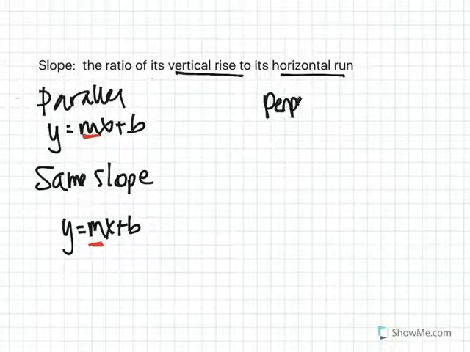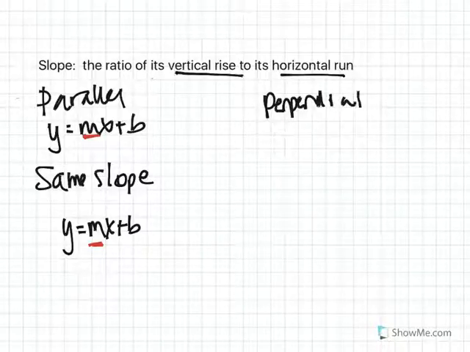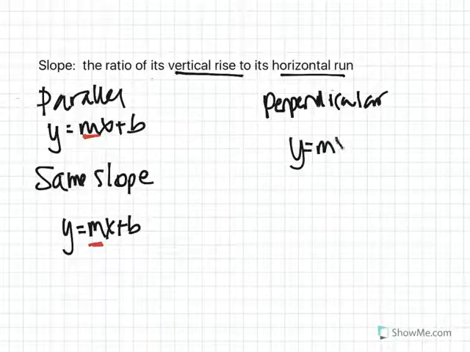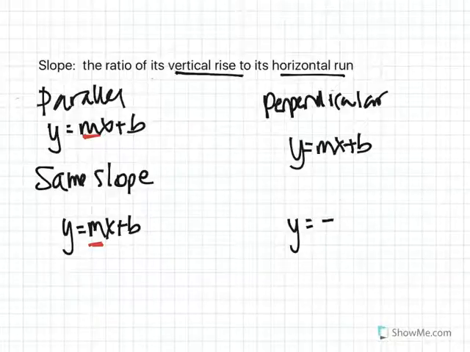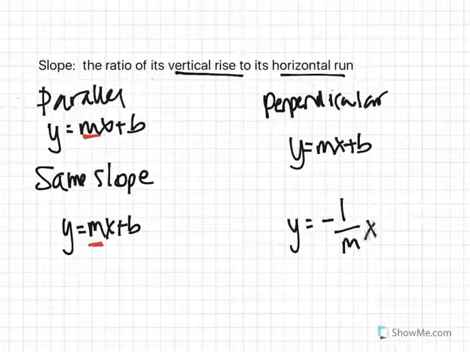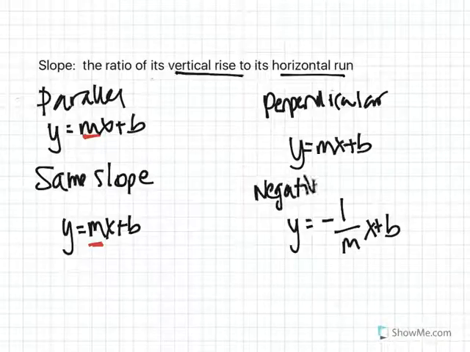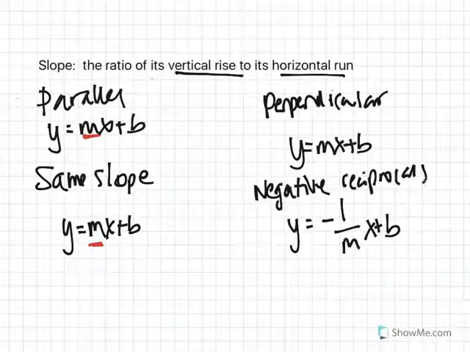For perpendicular lines, y equals mx plus b, and y equals -1 over m x plus b. Negative reciprocals. All right, and that is our lesson on slope.